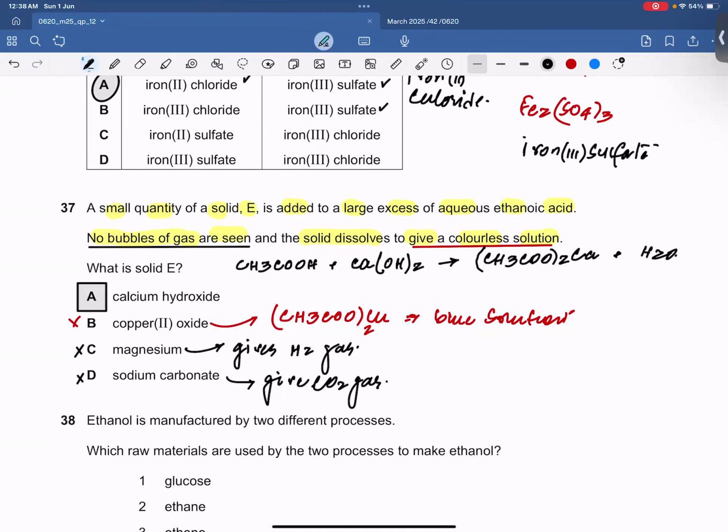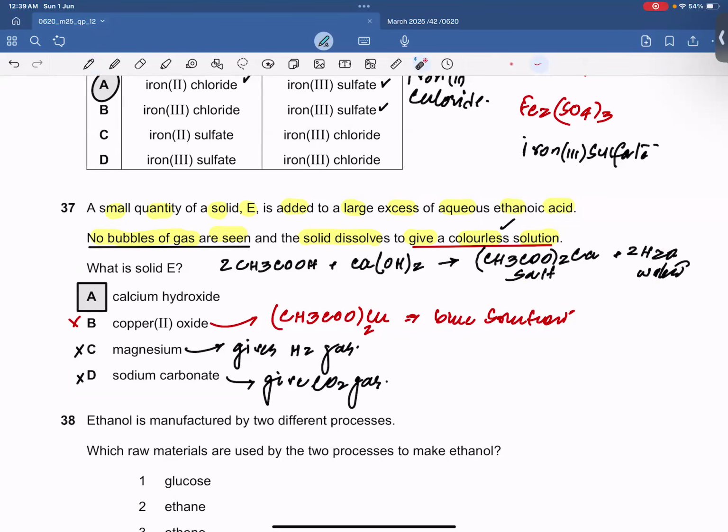How many ethanoate we have in the formula? 2. So to balance the equation, we need to put 2 here. To balance the number of hydrogen atoms, we need to put 2 here. Okay. So this is going to be your salt and water. And obviously, you will get a colorless solution of these two substances.